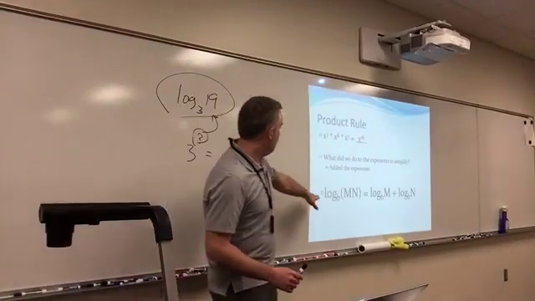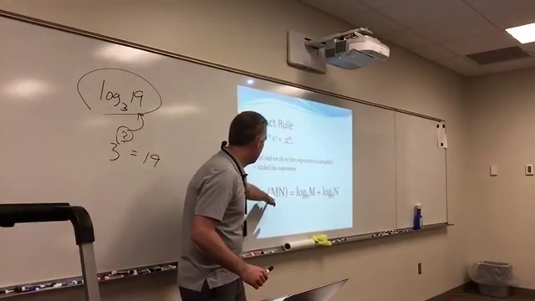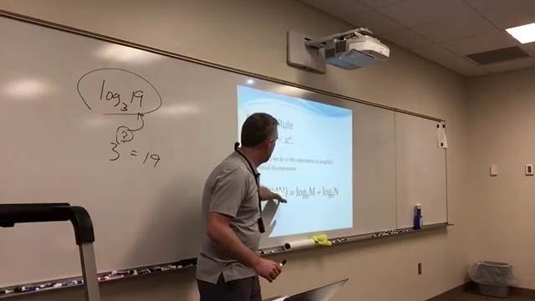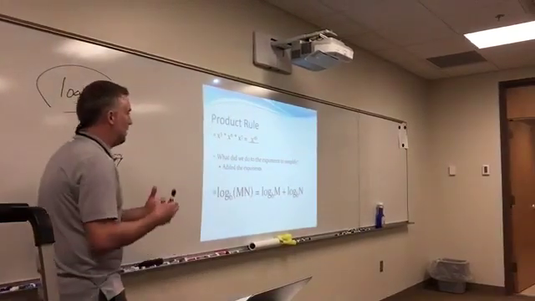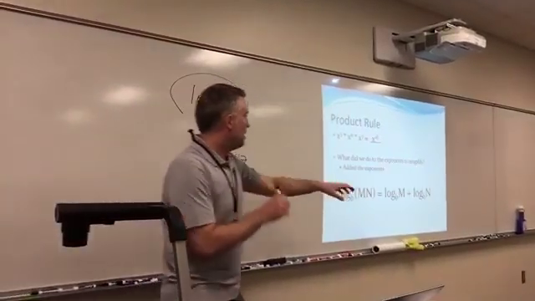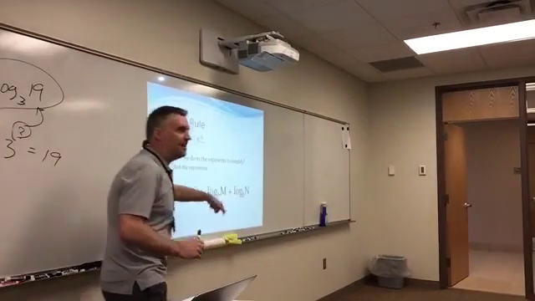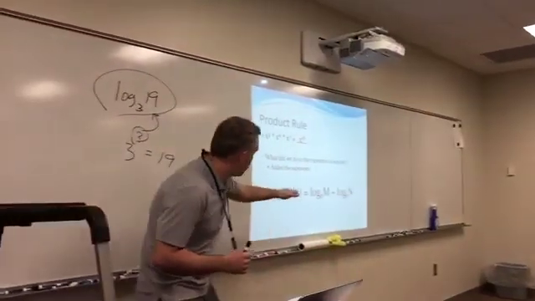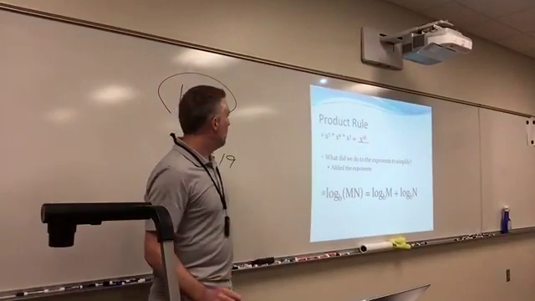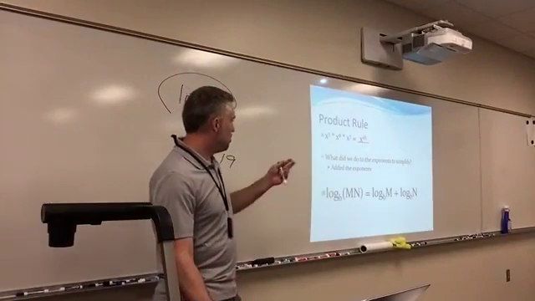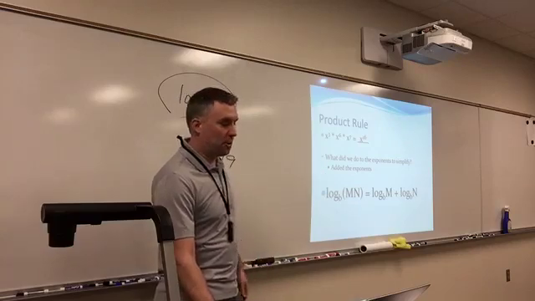So if you have the logarithm of some base, whatever it is, and it's the logarithm of a product, two numbers times each other, m times n, that's the exact same thing as writing them as their own individual exponent where the exponents are added together. So that little formula right there, and you'll see it in your book, that's what they call the product rule of logarithms. And it's a way to rewrite an equation or an expression if you need to.